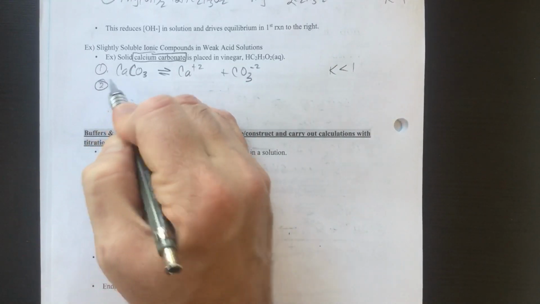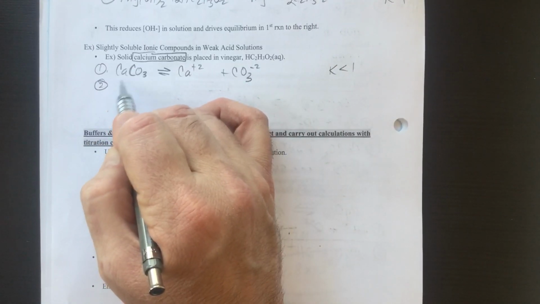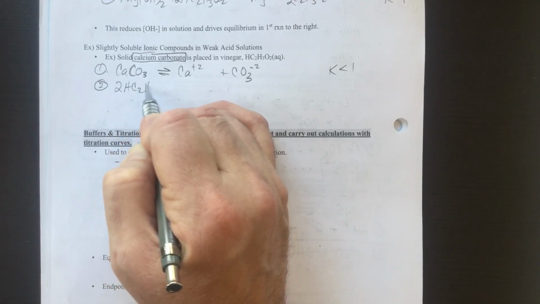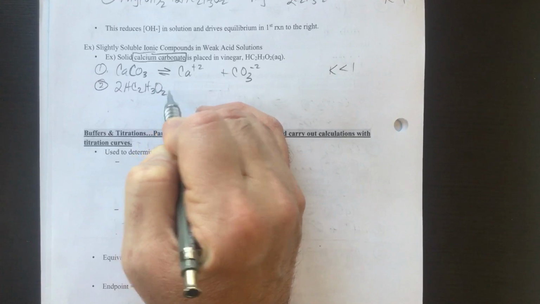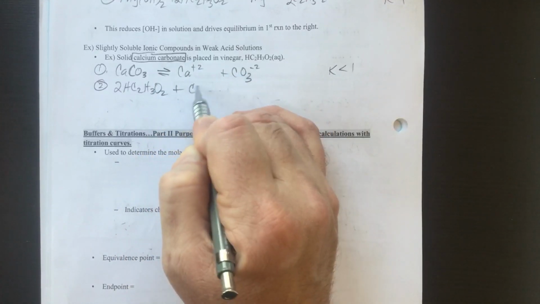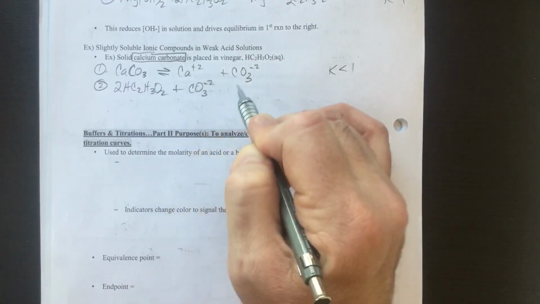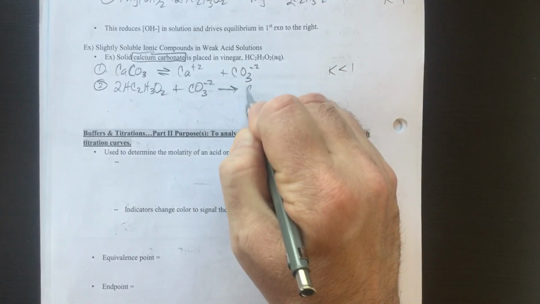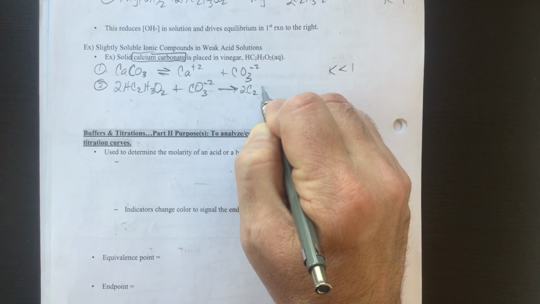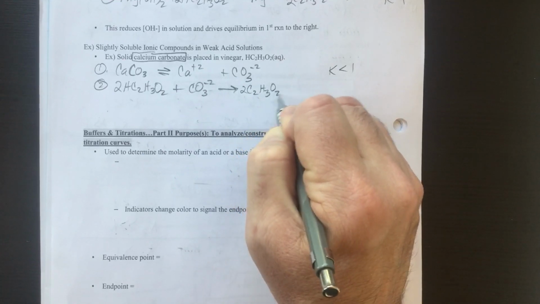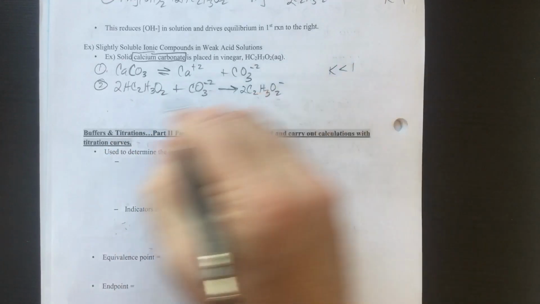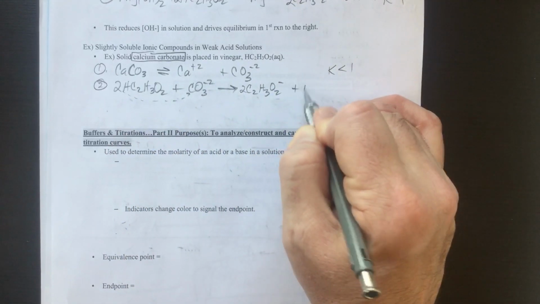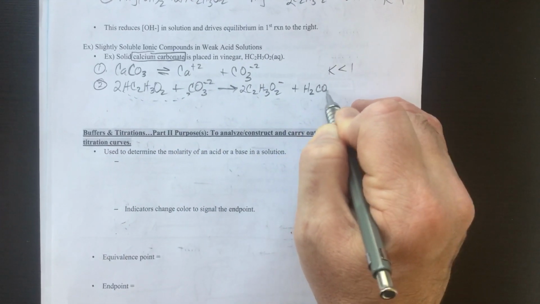Same deal here. And so as the acid is added, we're going to need two acetic acid molecules to react with that carbonate ion. And what we'll end up forming is the acetate ion, both of them, and the two hydrogen ions will be donated to the carbonate, which will end up forming H2CO3.